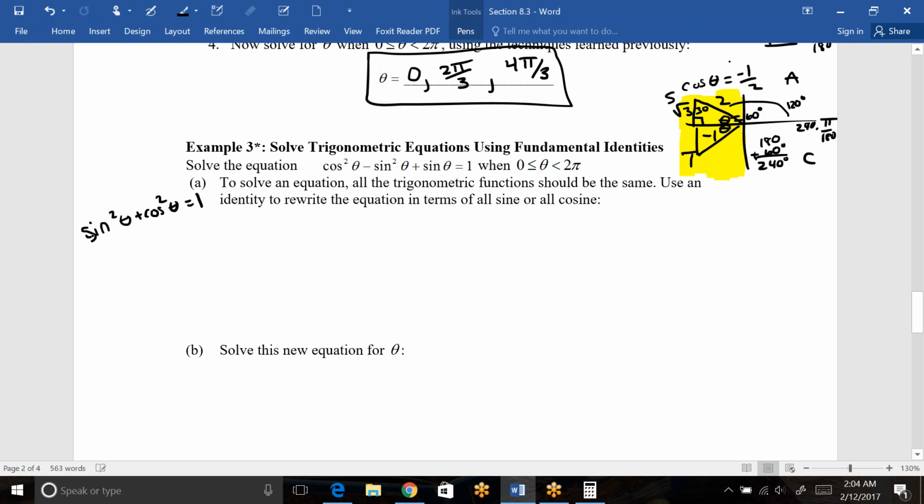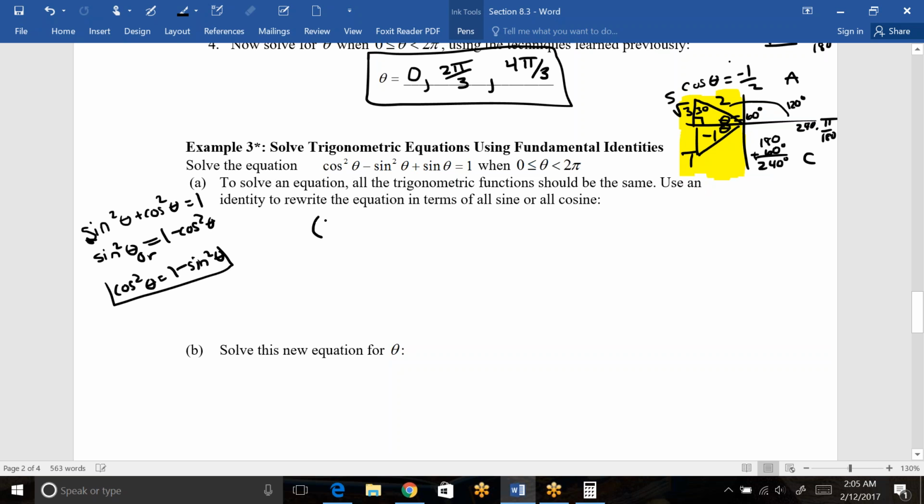You could solve this 2 different ways. You could solve for sine squared by subtracting over cosine, or you could solve for cosine squared theta by subtracting over sine. And that's the case I'm going to use, because I want to try to get rid of this cosine squared.